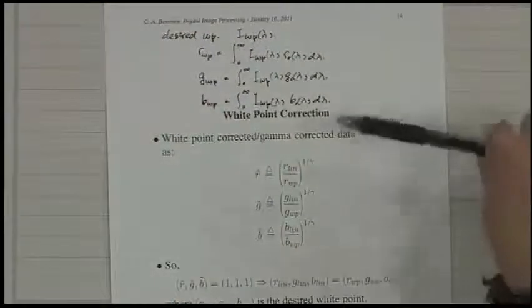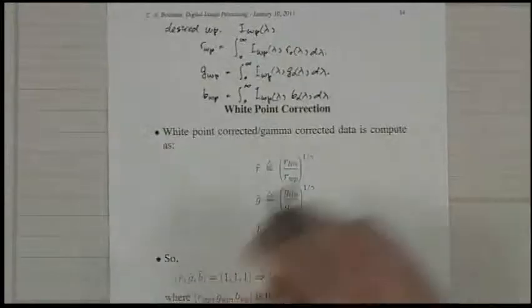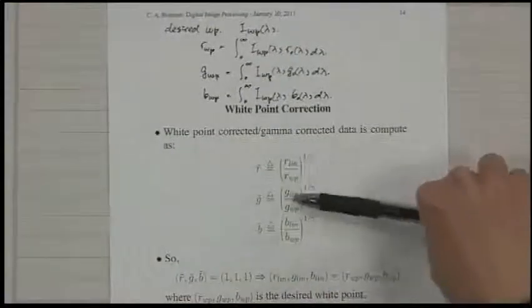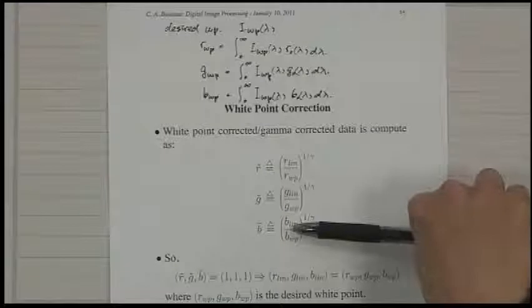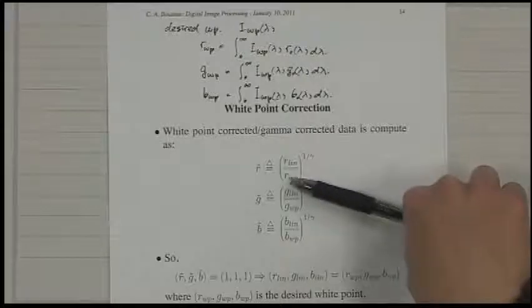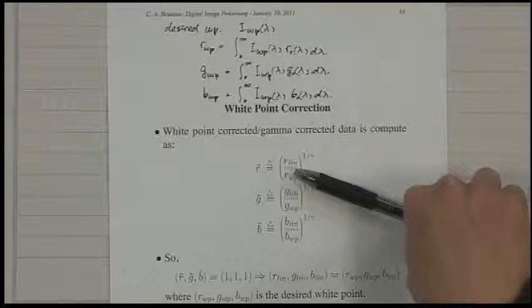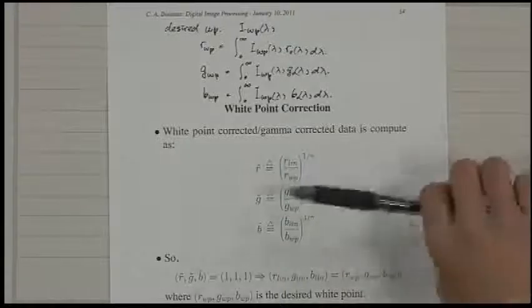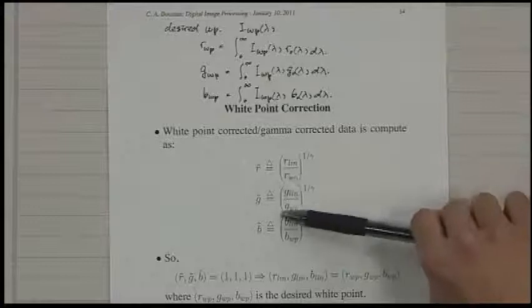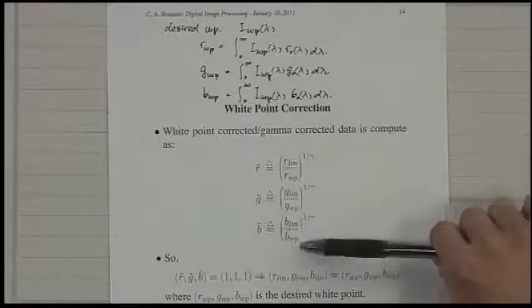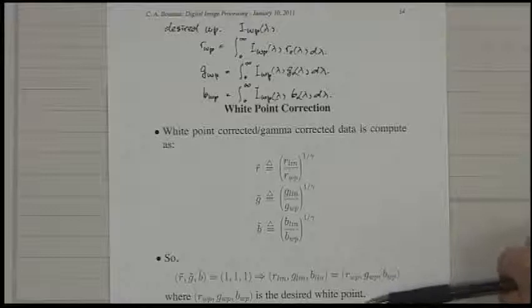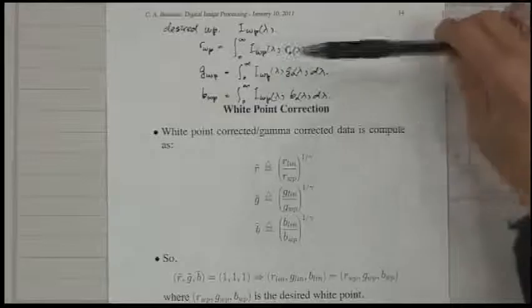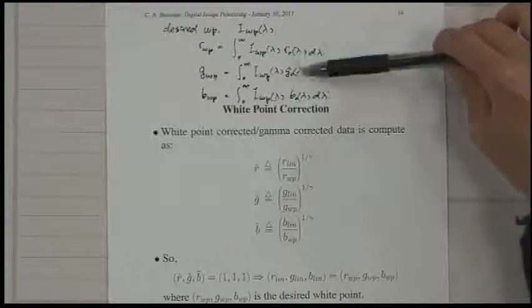I think this slide assumes that R linear, G linear, B linear are data computed based on the equal-energy white here. Let's say we want to compute the data based on another white point, for example D65. Then RWP, GWP, BWP, the R, G, B white point values, are the RGB values for our desired white point. You compute these numbers using the same set of color matching functions.